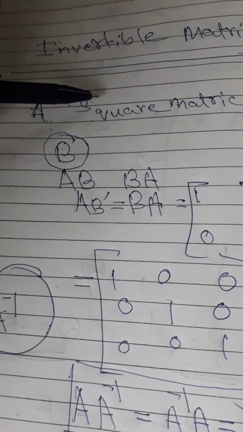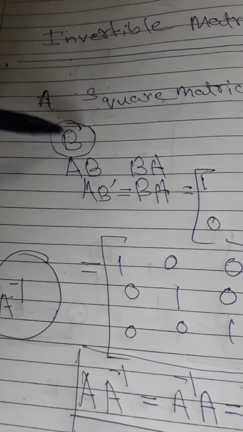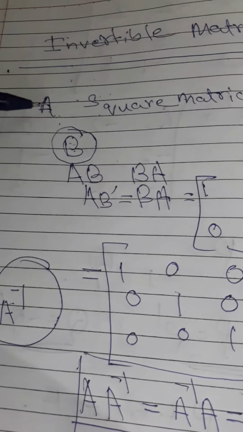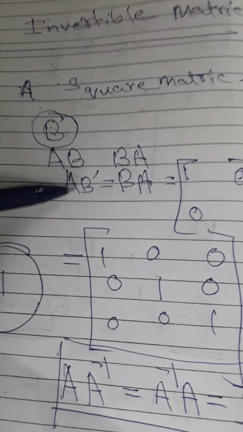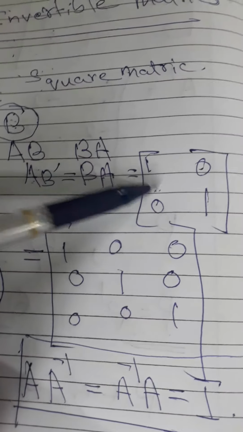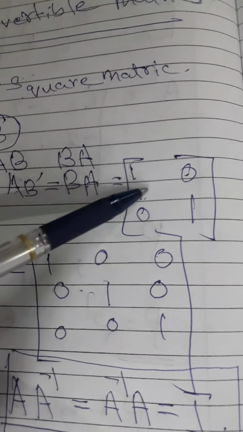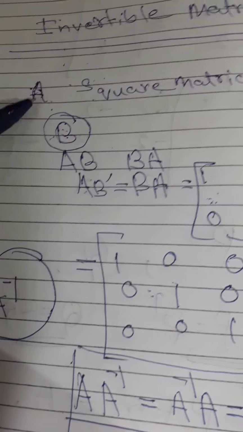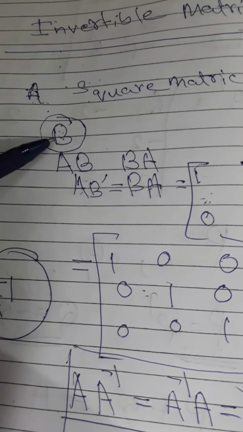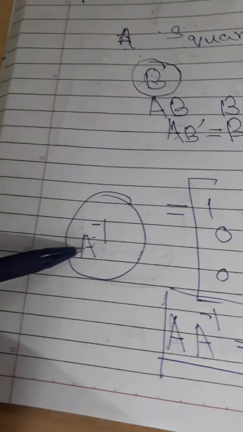Now you take a square matrix A, and if there exists another matrix B of the same order as A, such that A into B is equal to B into A, and the net result is a unit matrix of order 2, or of order 3, or of order 4, but for our syllabus it is for order 2 and order 3, then the matrix B is said to be the inverse of the matrix A. It is denoted by A raised to minus 1.